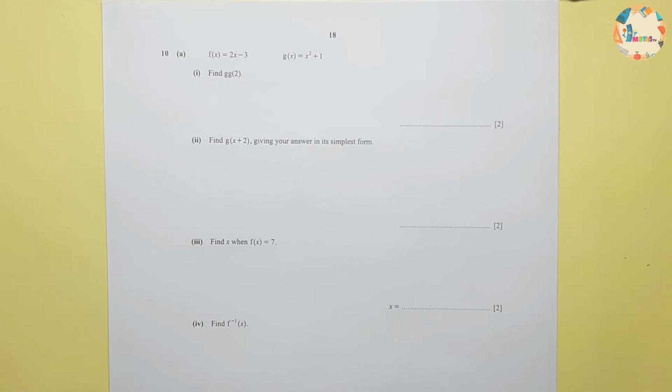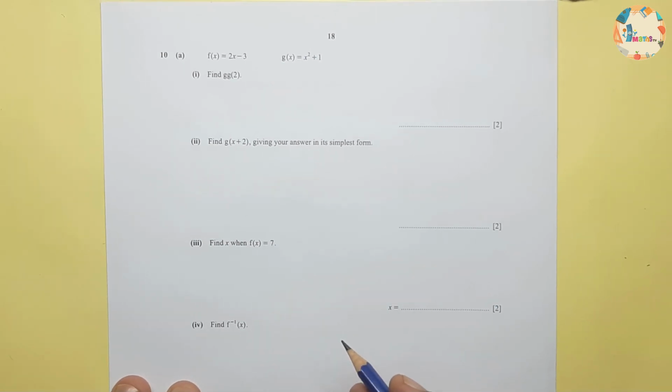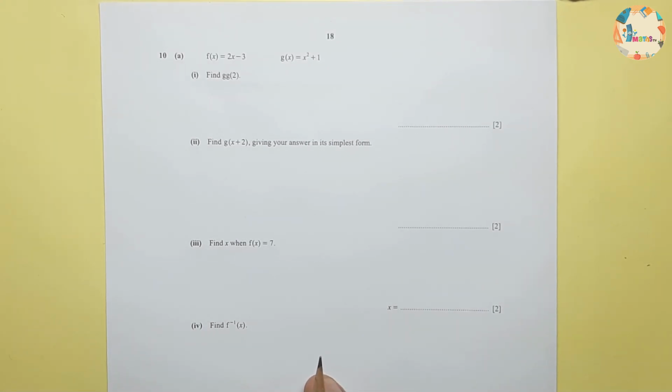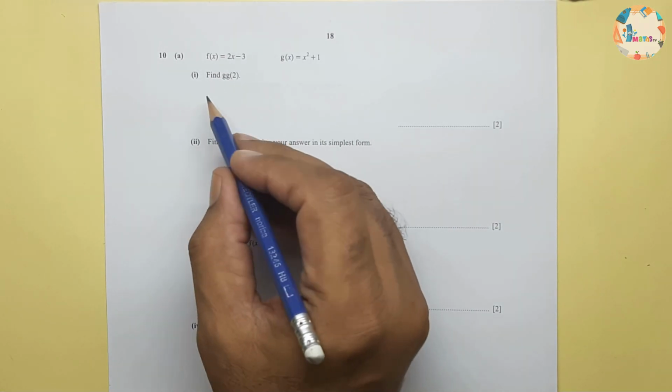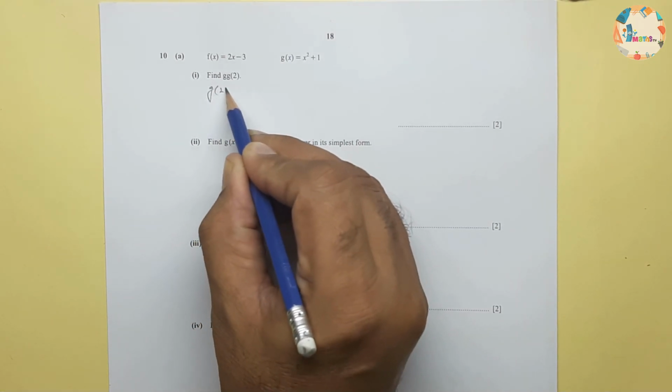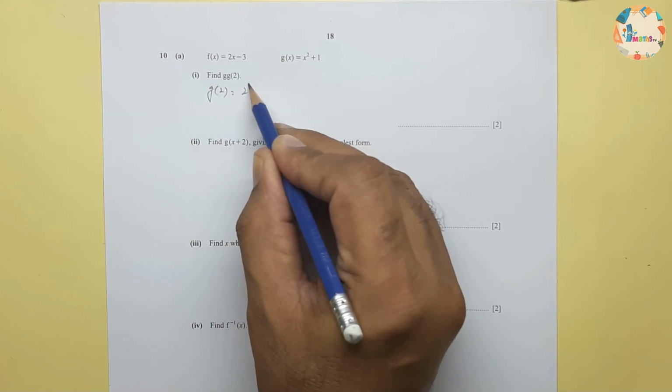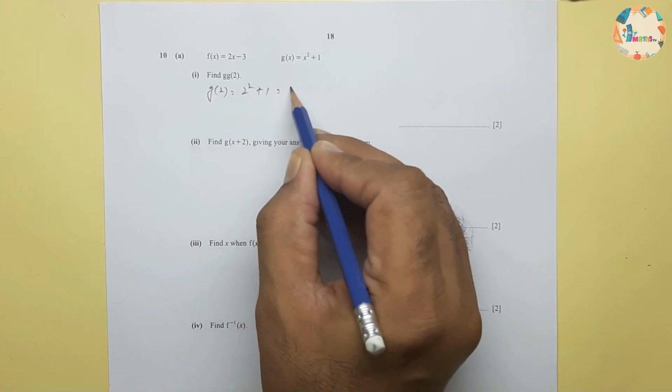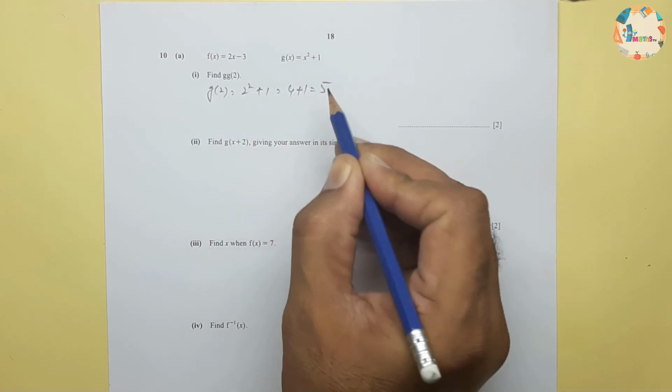Now question number 10, functions. f of x is given, g of x is also given. Find g of g of 2. First we have to apply the g of x function twice. g of 2 will be equal to 2 squared plus 1, which is 4 plus 1, which is equal to 5.